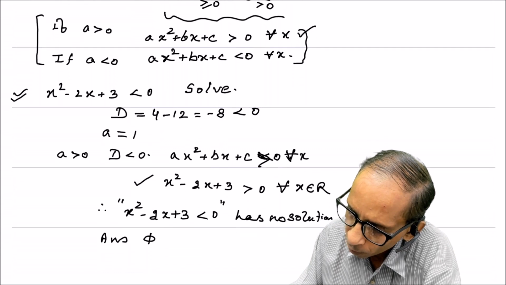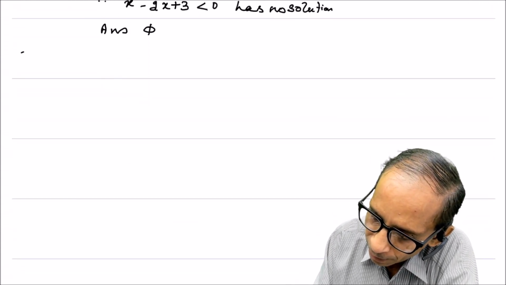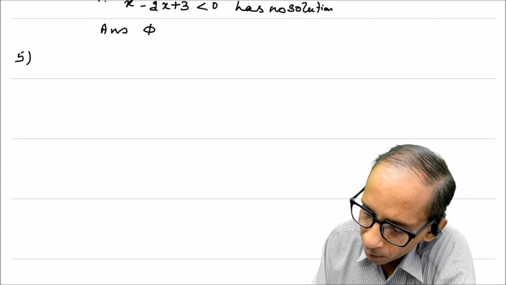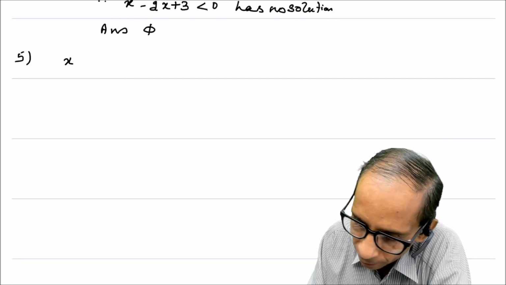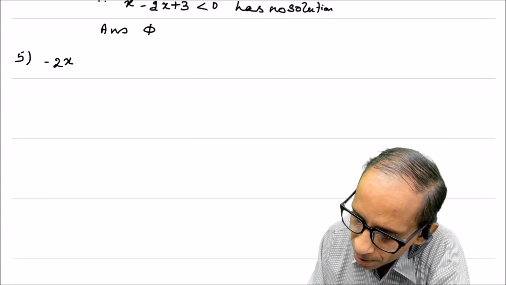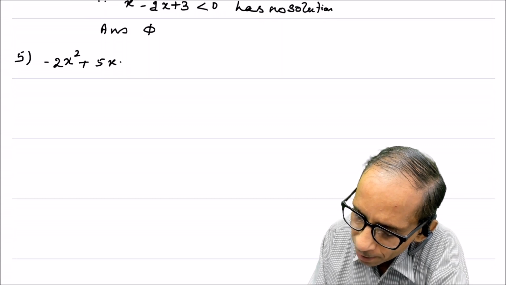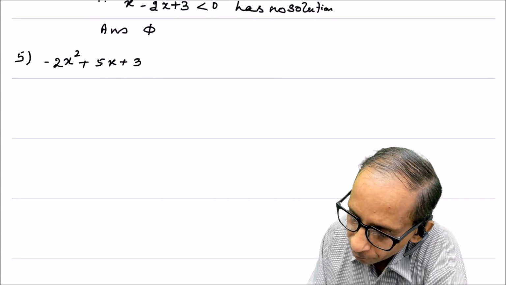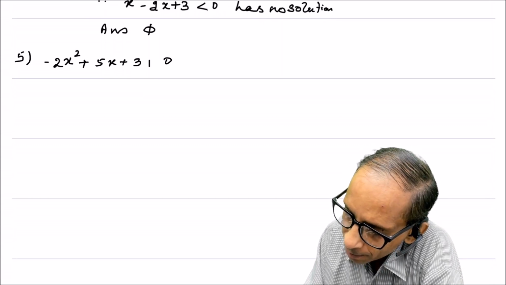We now go for another type of question. We call it the fifth one. Minus 2x square plus 5x plus 3.